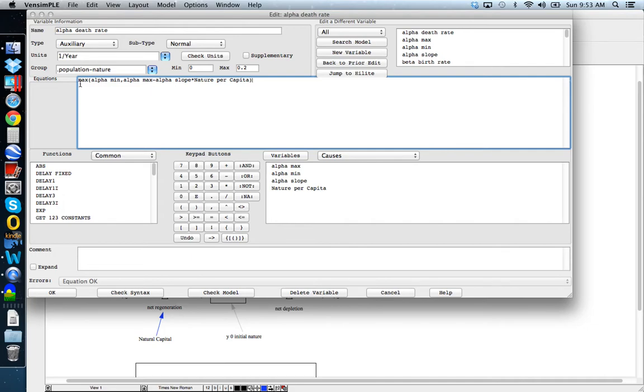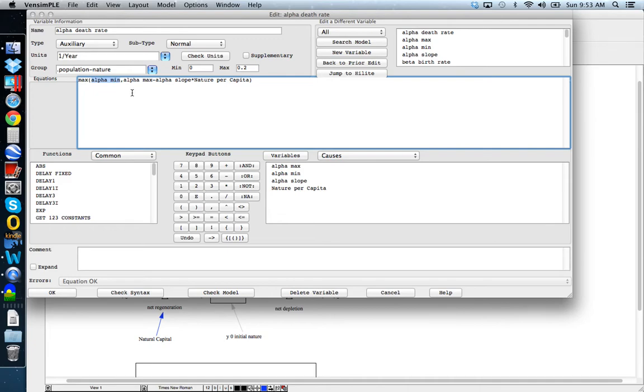So the death is the maximum of two values. Either the minimum death rate. So this is the minimum death rate, as we discussed before, which is the death rate of people when there's no nature constraints. So essentially, there's plenty of nature per capita, so you're dying for natural reasons that are not related to the availability of nature.